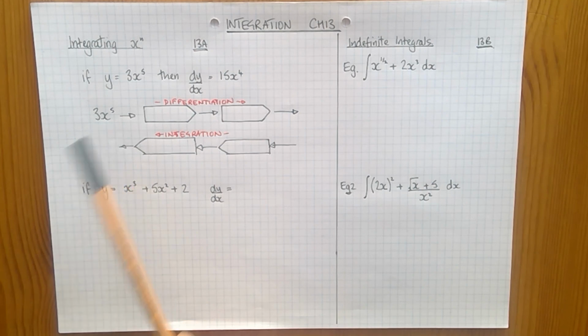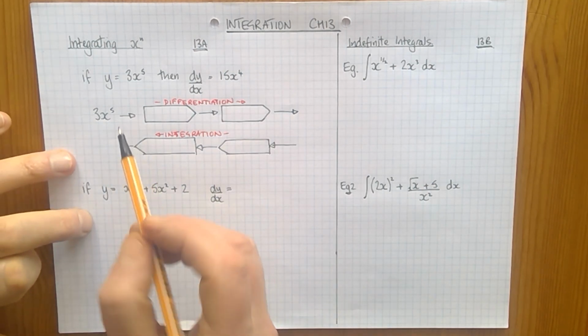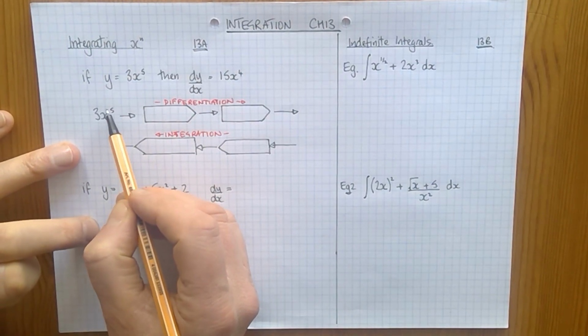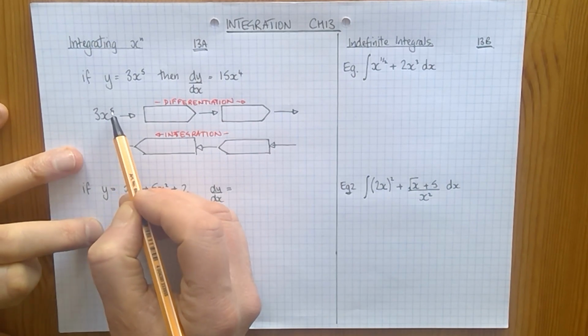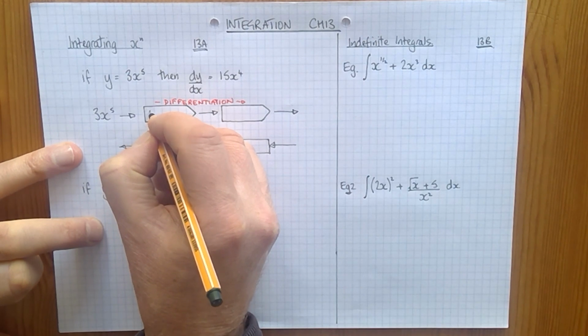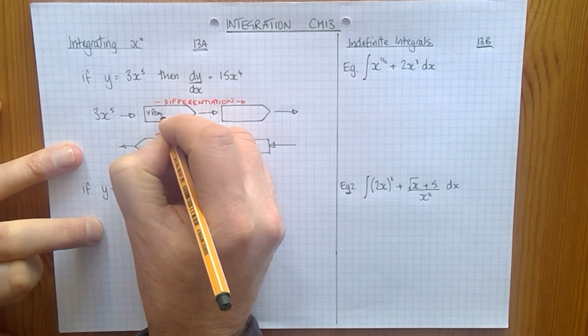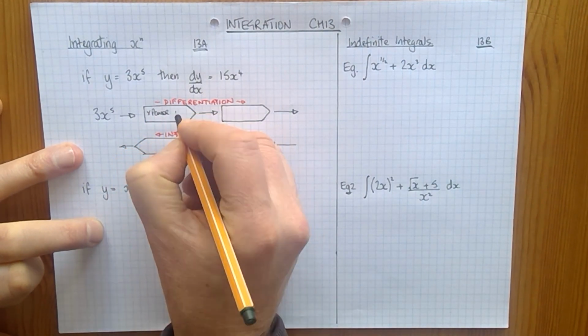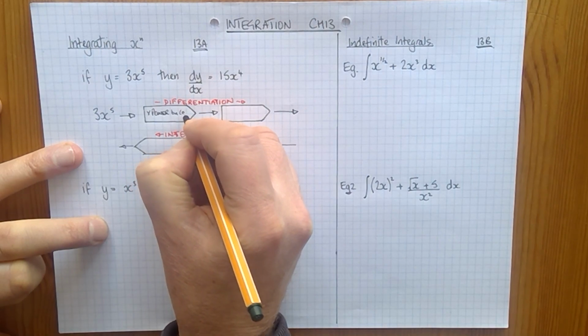So if we're differentiating 3x to the power 5, the first thing to do is to multiply the power by the coefficient.